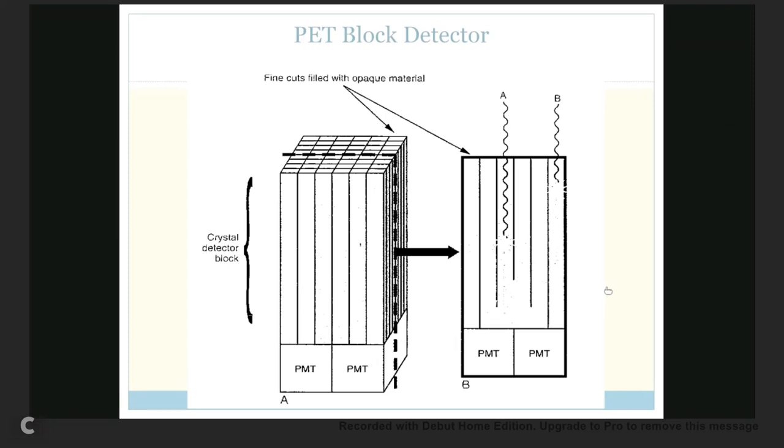Those blocks are connected to the PMT, and then it still goes into the same type of circuitry system with a preamp and the amplifier, and then to the positional circuitry with the X, Y, Z, and so forth. Does that make sense, you guys? Any questions so far? Okay.